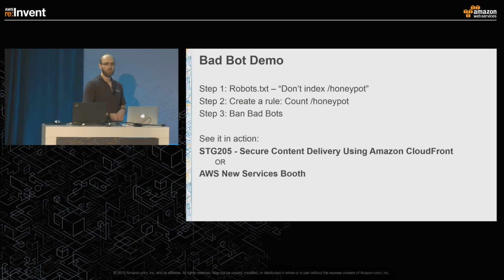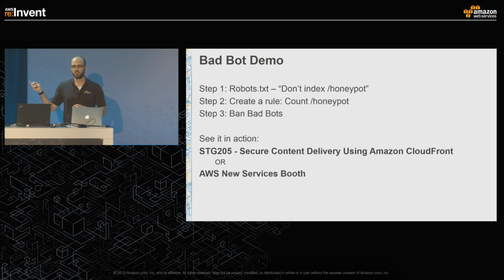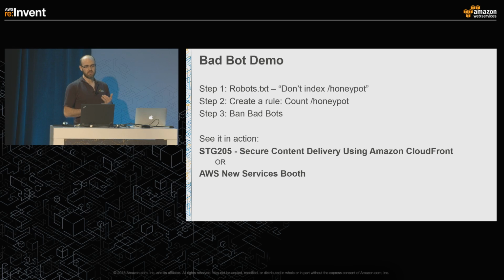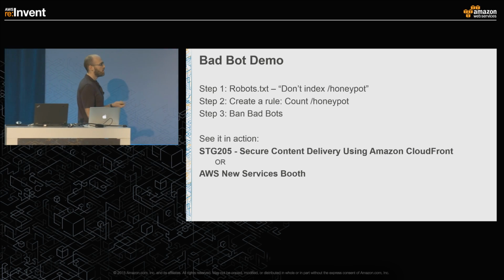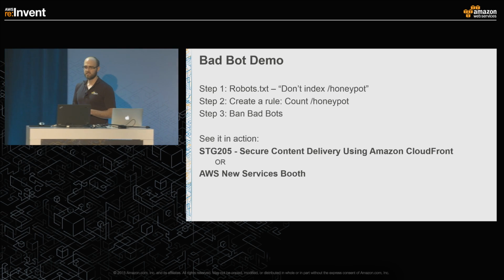To get you thinking about it more, we actually have a demo, a walkthrough to show you. It's being demoed in detail in SDG 205, Securing Content Using Amazon CloudFront, or you can stop by the new services booth and we can show you. But the basic gist is this.